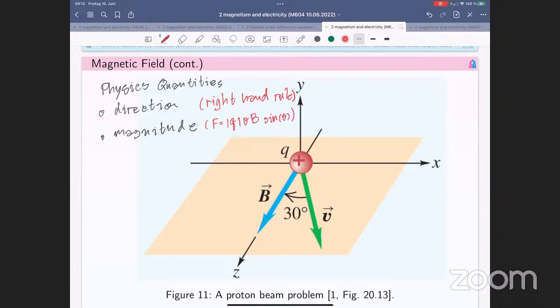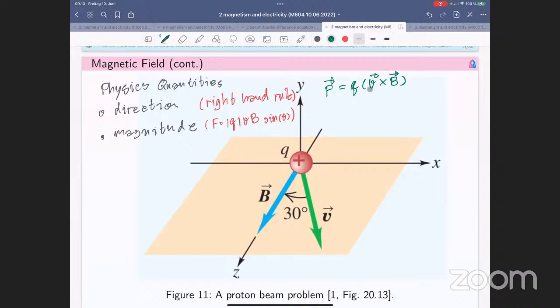Yeah. Let's talk first about the direction. Of course, the formula for the direction is F equals Q V cross B, right? And the magnitude formula is this, right?